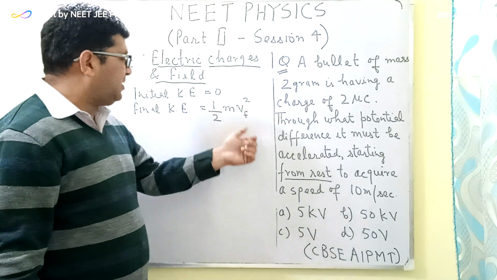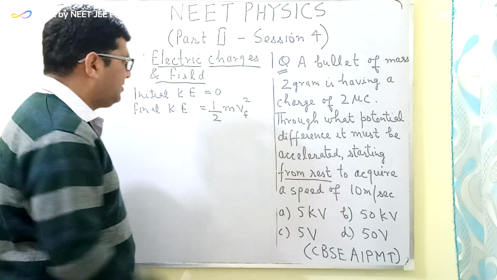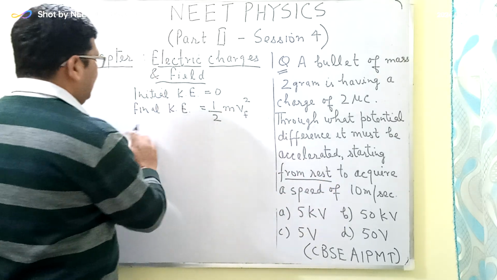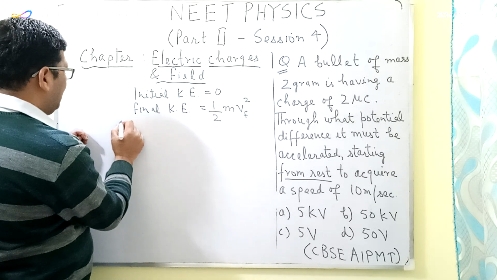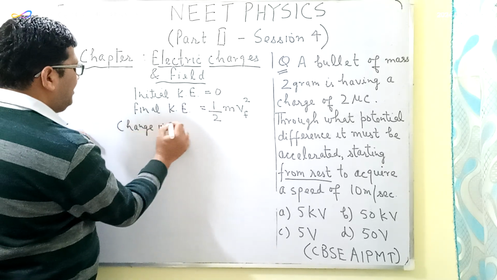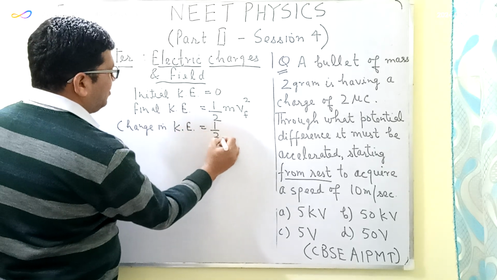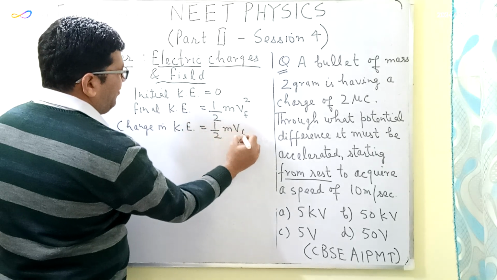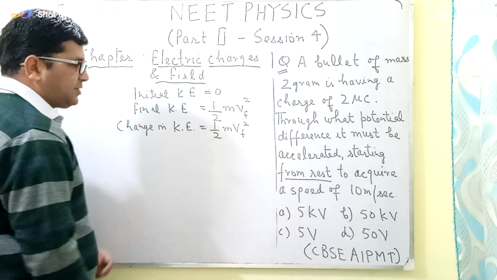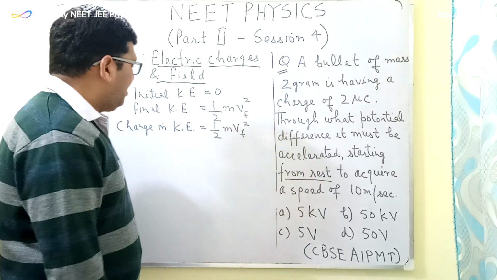I am denoting the final speed as 10 meter per second. So the change in the kinetic energy will be equal to 1 by 2 m v_f squared, where v_f is the final speed of this bullet.